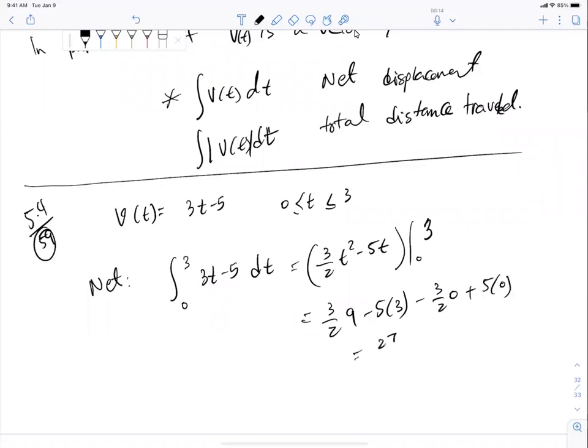So you get 27/2 minus 15, which is negative 3/2. In a way, what it says is the object actually goes backwards from where it is. So that's a net displacement.